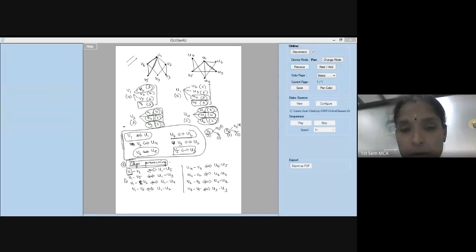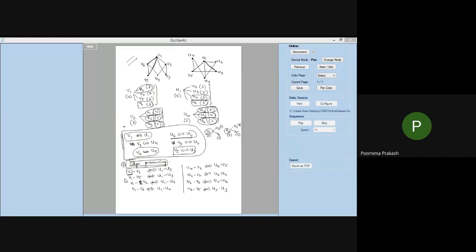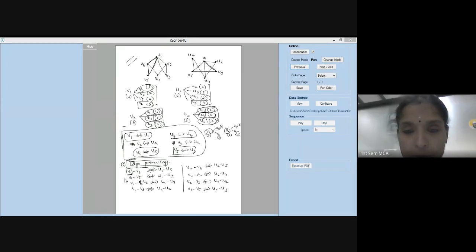No, go to the previous step. V5 is equivalent to what? We take U3. I have taken U3. Have you taken something different? What have you taken equivalent for V5, Purnima?